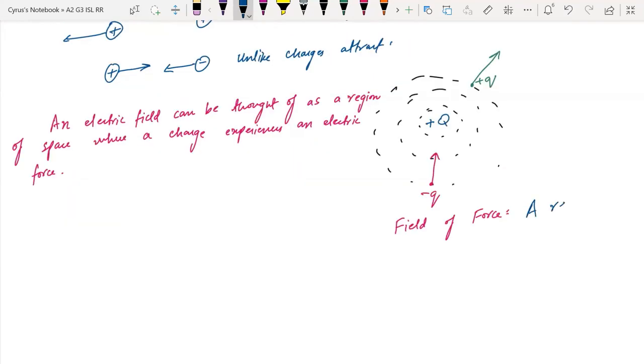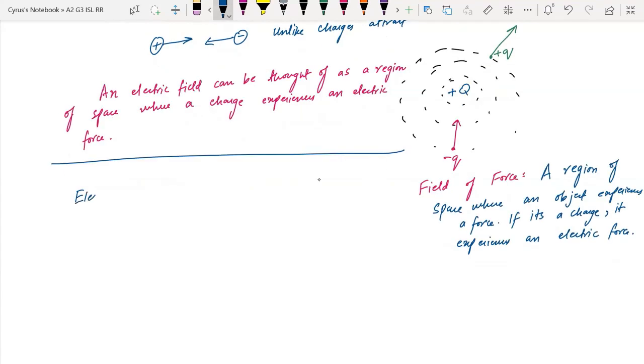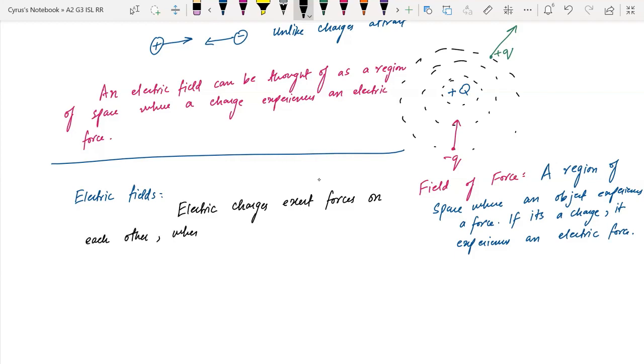It's a region of space where an object experiences a force, and if it is a charge, it experiences an electric force. In electric fields, electric charges exert forces on each other when they are separated at a distance.